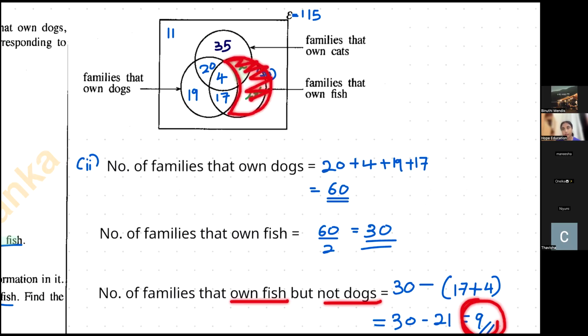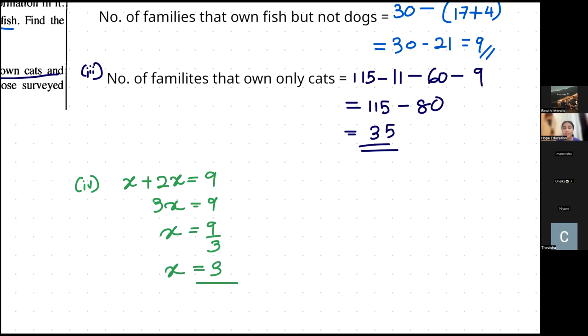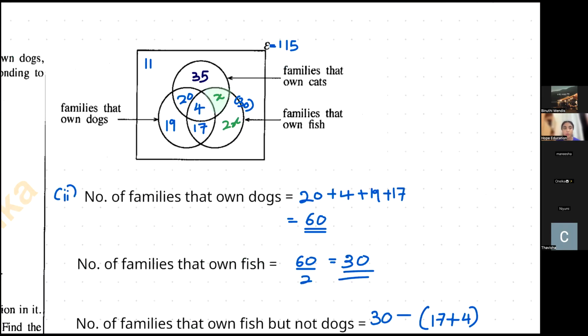So here මෙතන x තියෙනවා, මෙතන 2x තියෙනවා. ඒ දෙන add කරාම 9 වෙන්න ඕනේ. So x plus 2x equals 9. That means 3x equals 9. X කියන්නේ 9 divided by 3. So that means x is 3. x 3 කියන්නේ එහෙනම් මෙතන අපිට fill කරන්න පුළුවන්.